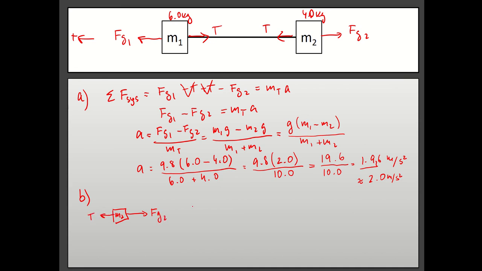Okay, so our F net for this is going to be, let's say this is positive this way. So Fg2 is positive and tension is negative, and this is going to equal M2 times the acceleration of the system.